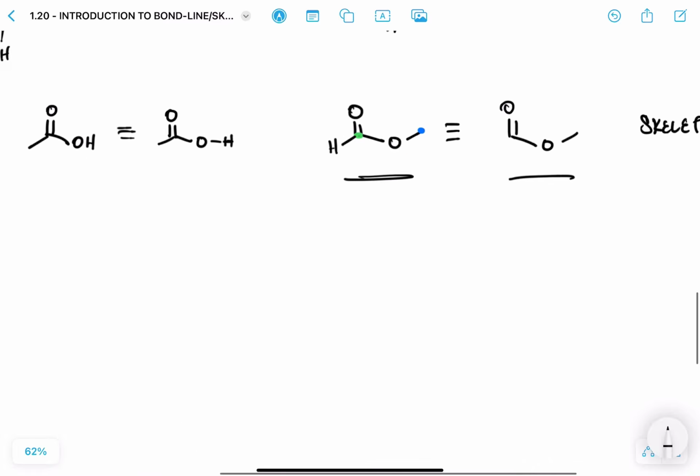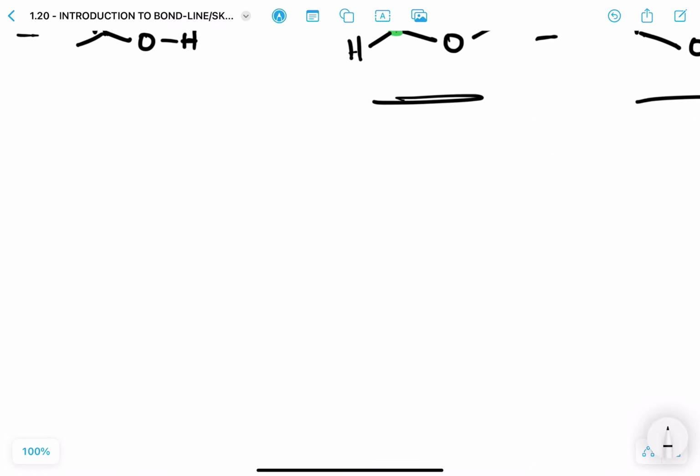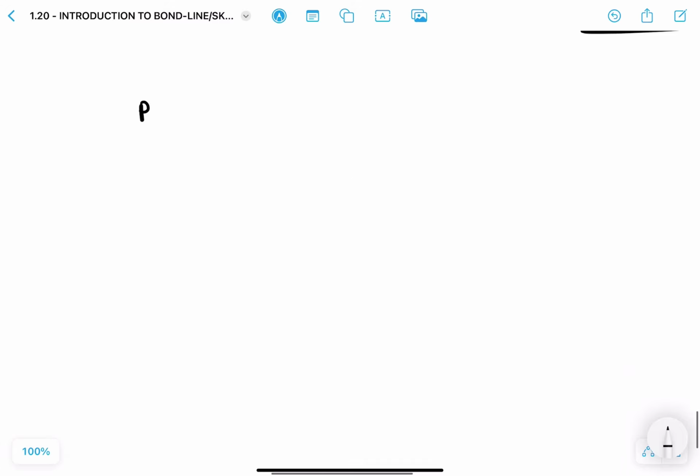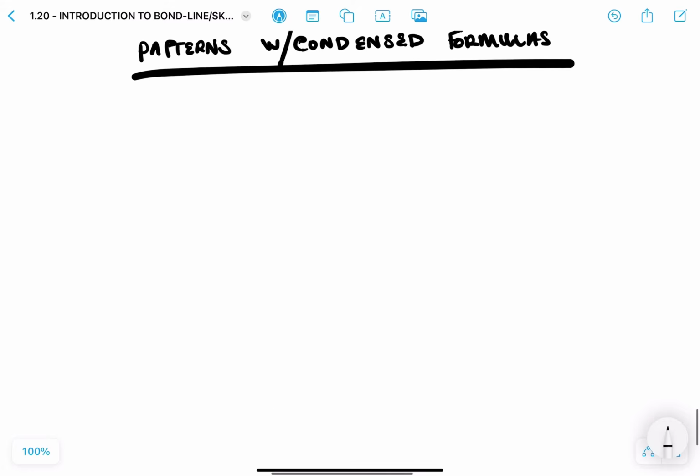Let's continue on. I want to get back to 100%. Let's continue on with the patterns in condensed formulas. So you do enough of these where you start to see some recurring themes.